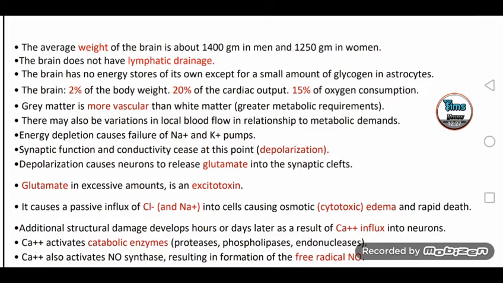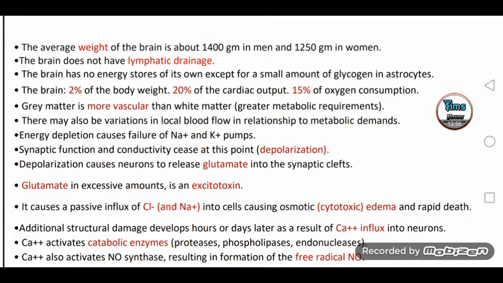The brain has no energy stores of its own except for a small amount of glycogen in astrocytes. We said that earlier, it's why the neurons are the most vulnerable cells. They are more susceptible to injury because they have no energy stores of their own except for a small amount of glycogen in astrocytes.